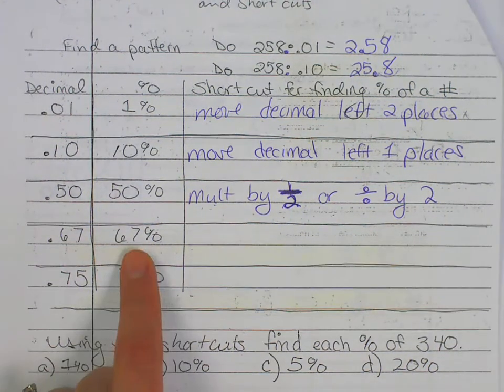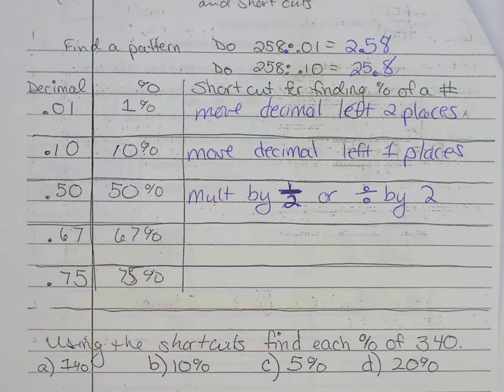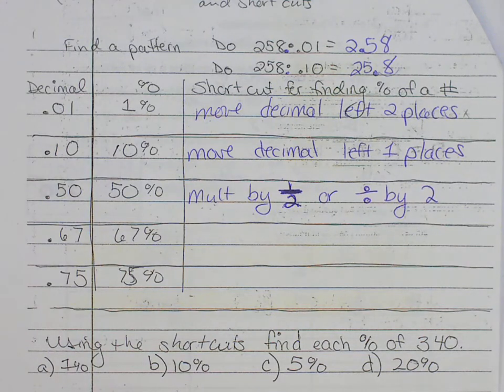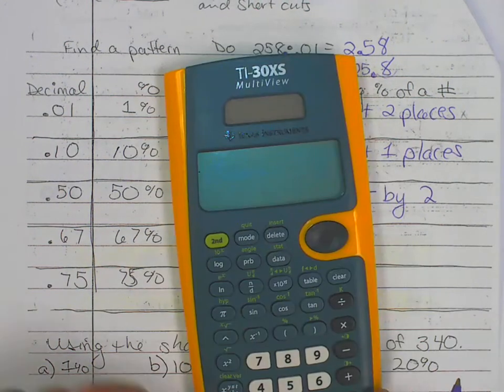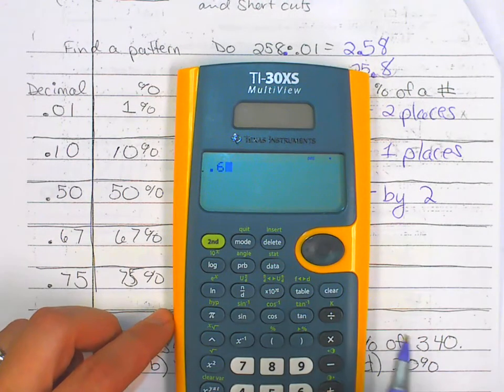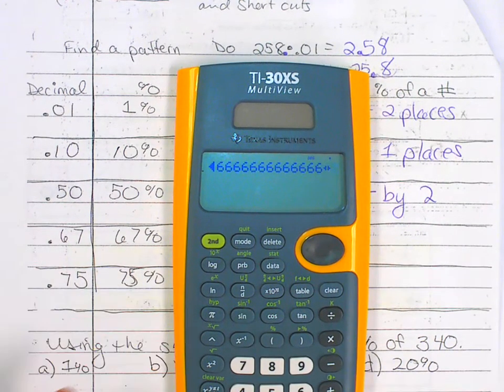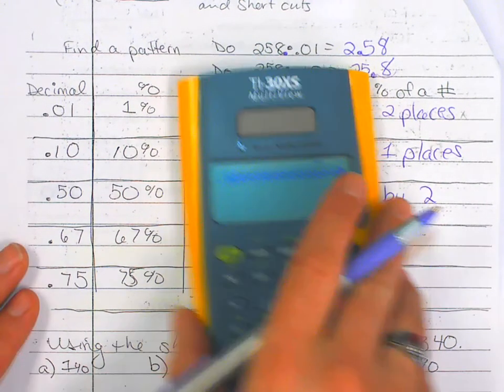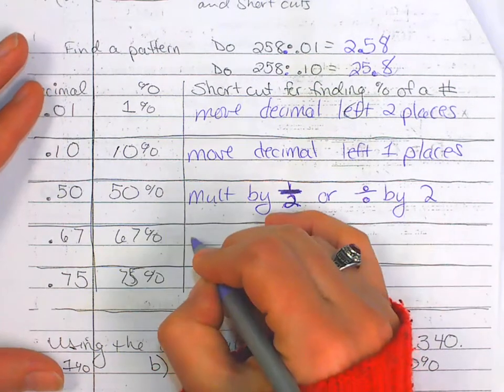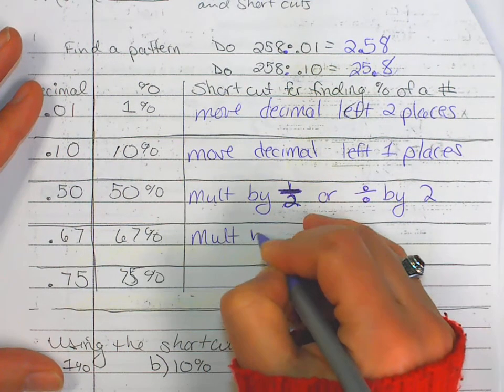You better recognize this number. This number comes up pretty often. 0.67, 67%. Really close to 0.6 repeating. 0.6 repeating is 2/3. Multiply by 2/3.